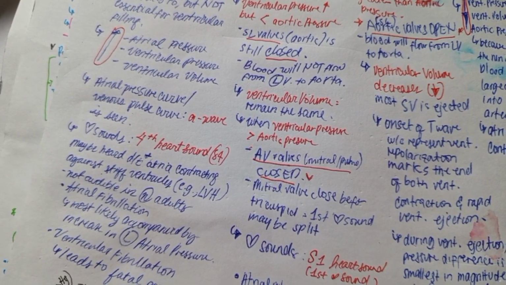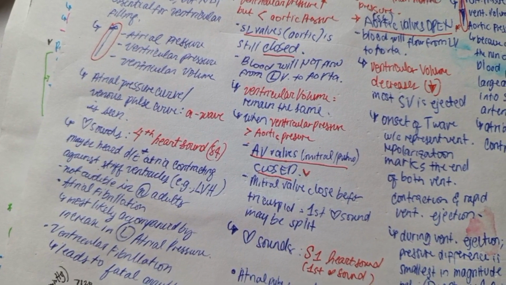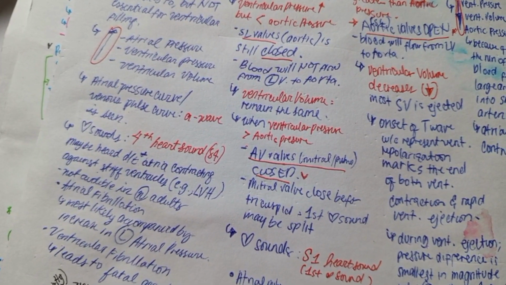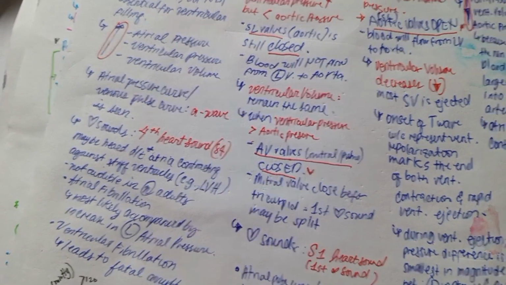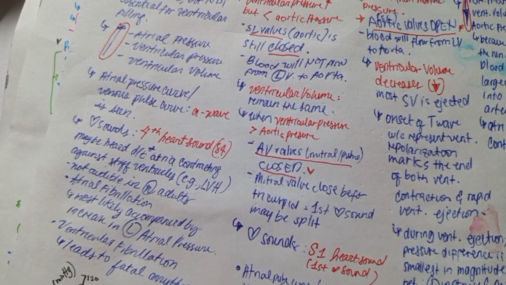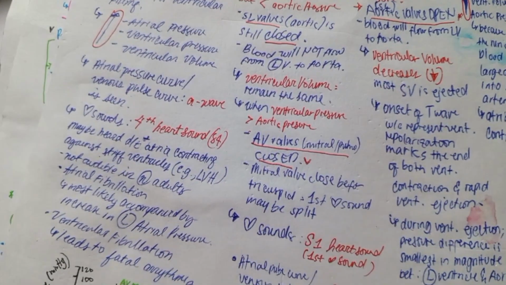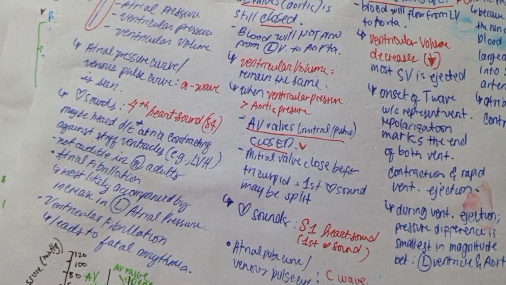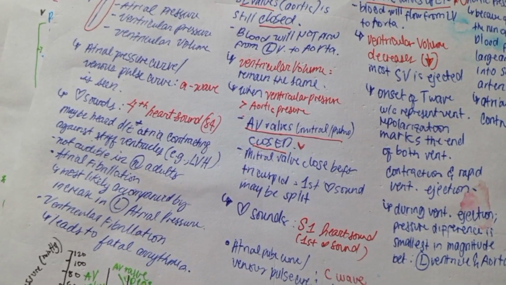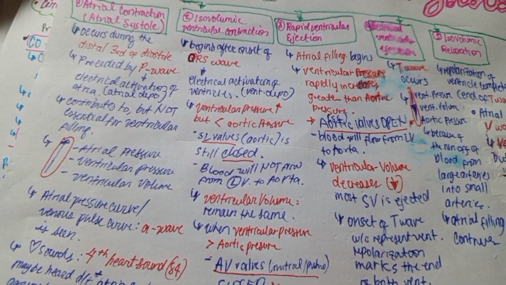The S4 is not audible in normal adults. The other condition where the S4 can be heard is atrial fibrillation, and it is most likely accompanied by an increase in left atrial pressure, as well as in ventricular fibrillation, which leads to a fatal arrhythmia.